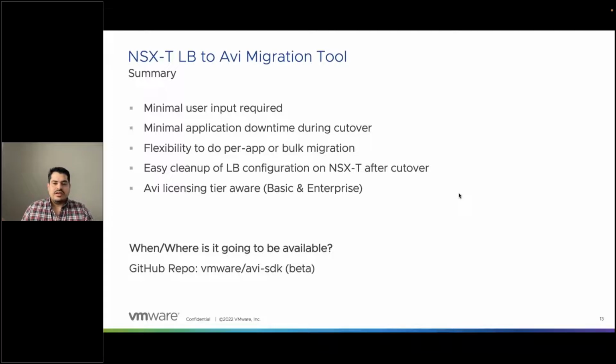We're preparing documentation that not only explains how the tool itself works, but also how the tool interacts with AVI and how AVI interacts with NSX-T and with all the environment. Plus, we are going to show diagrams of the topologies working on NSX-T and how those topologies are going to look when they are migrated to AVI.